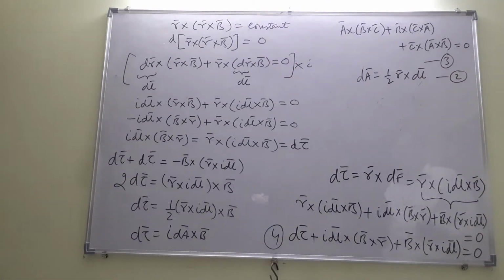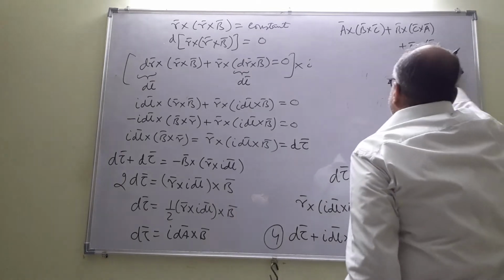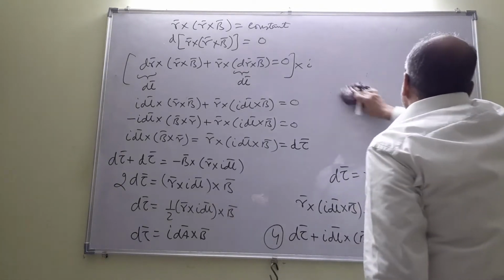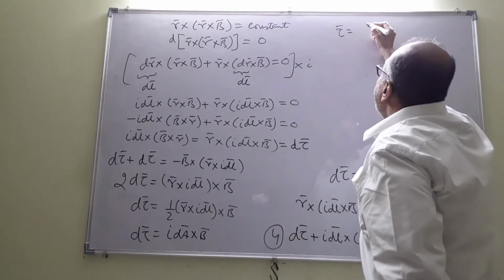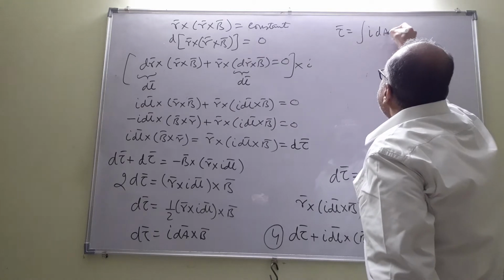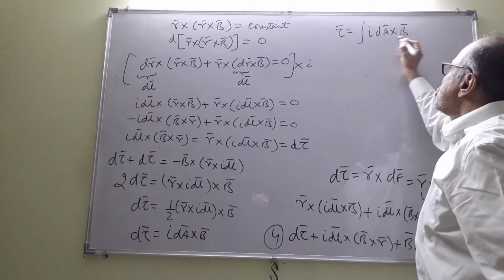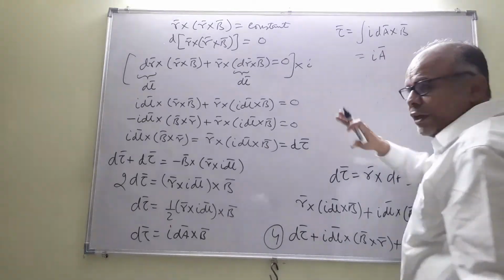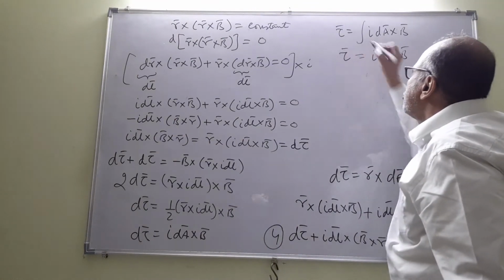Okay. Now to get the total torque, we have to integrate this. If you integrate that, you are going to get the torque τ as integral I dA cross B. So I is a constant, and integral dA is A, the total area of the loop, so you get I A cross B. That will be the total torque.